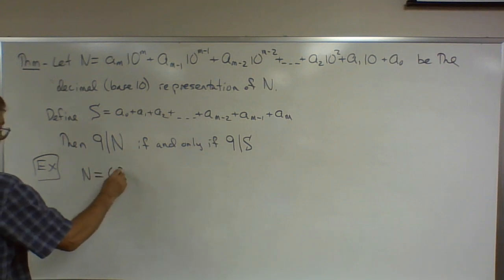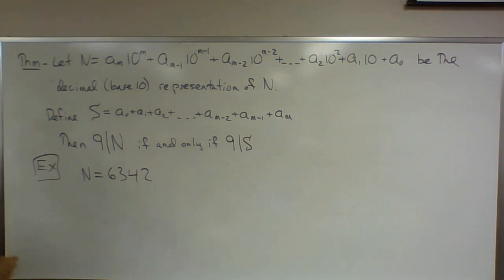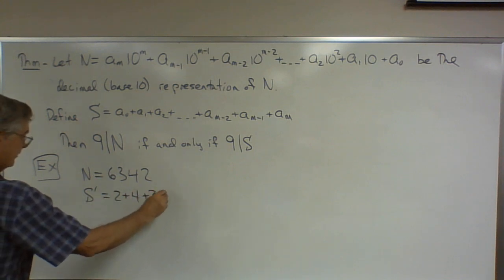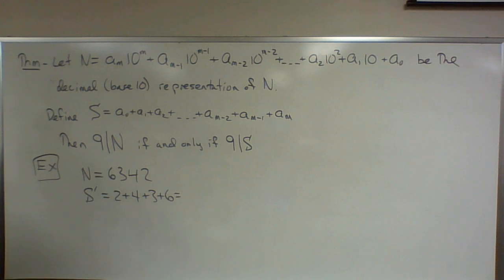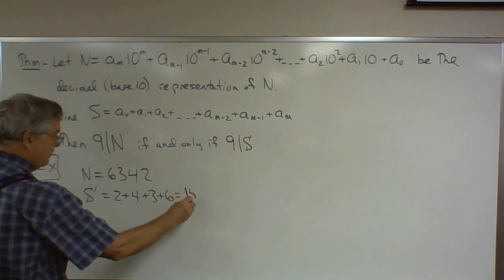N equals 6342. S is the sum of the digits. 2 plus 4 is 6, plus 3 is 9, plus 6 is 15.